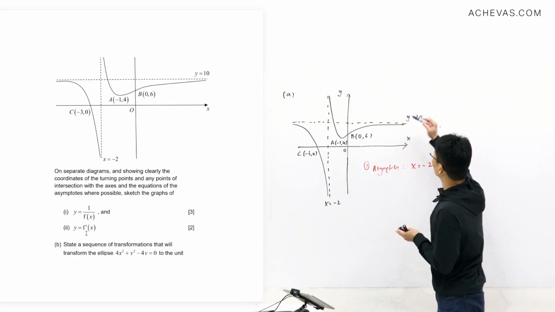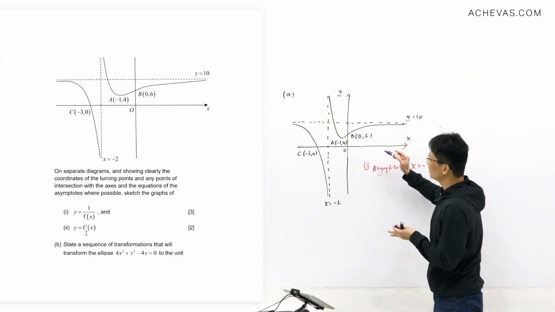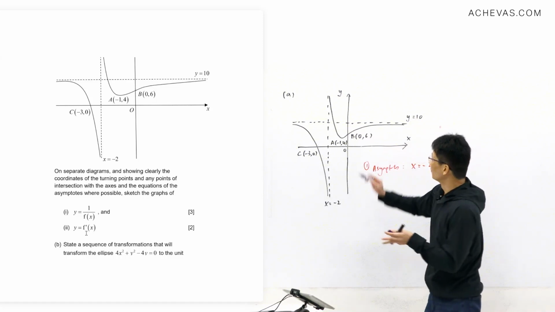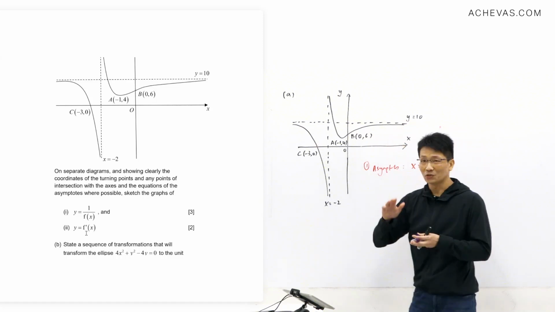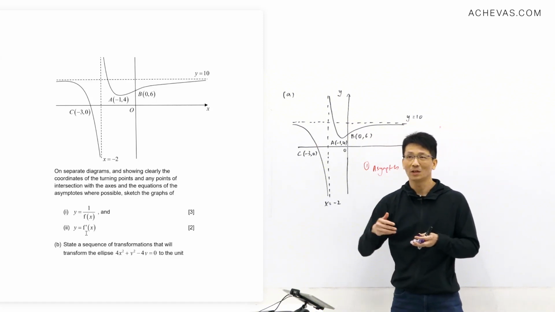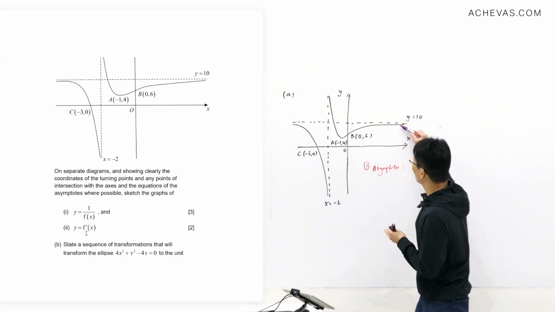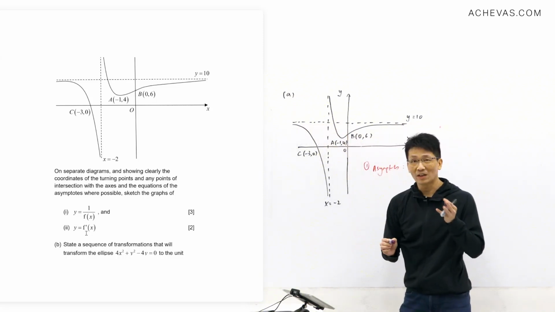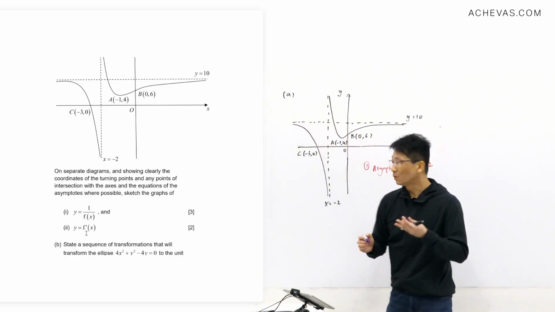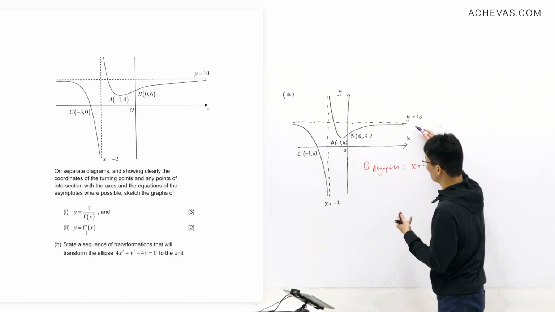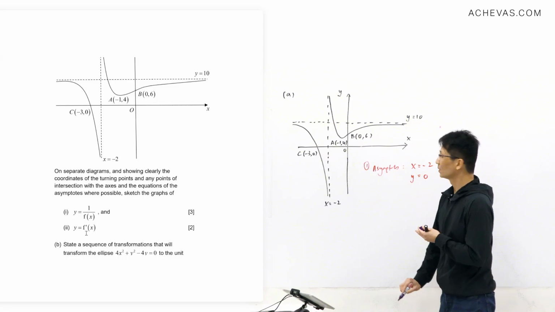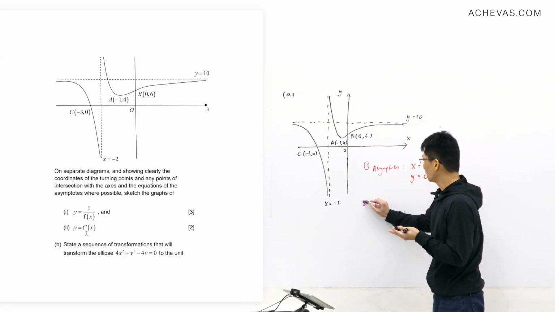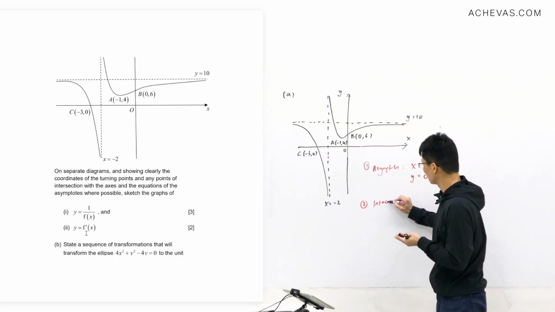As for the original horizontal asymptote y equal to 10, you can in fact see that for any horizontal asymptote, when the graph tends to it, the graph approaches like a straight line. So that means the gradient of this particular part here will actually tend to 0. So for any horizontal asymptote, we will have a new asymptote at y equal to 0. Second thing, we will take a look at the intercepts.